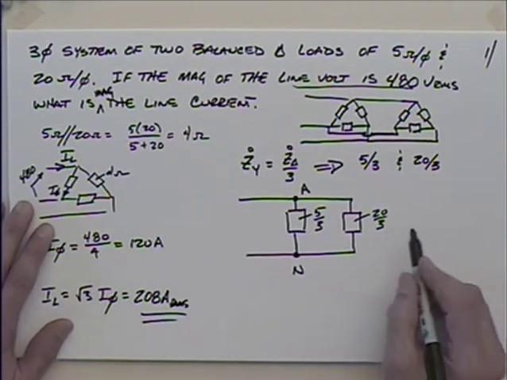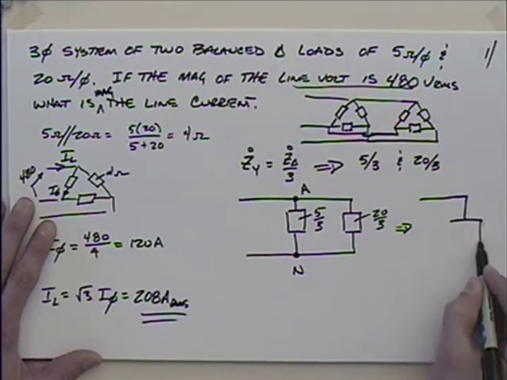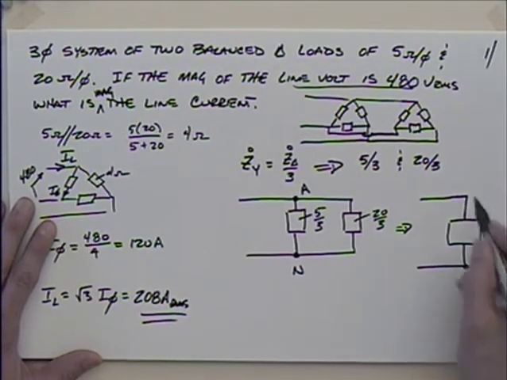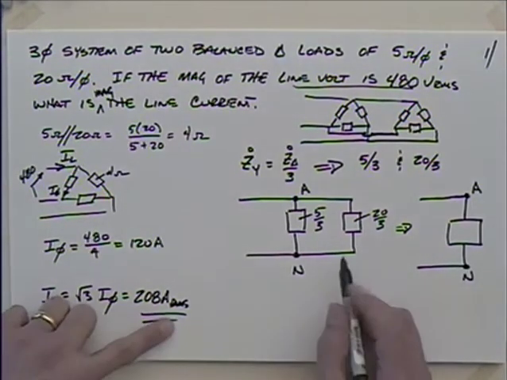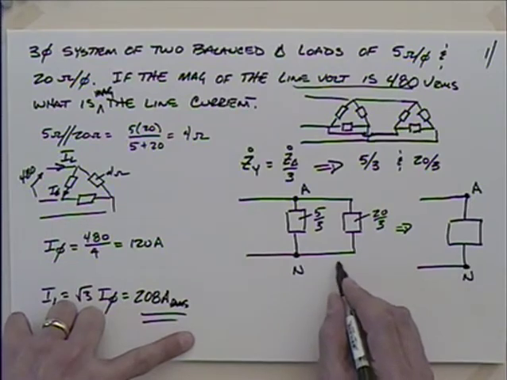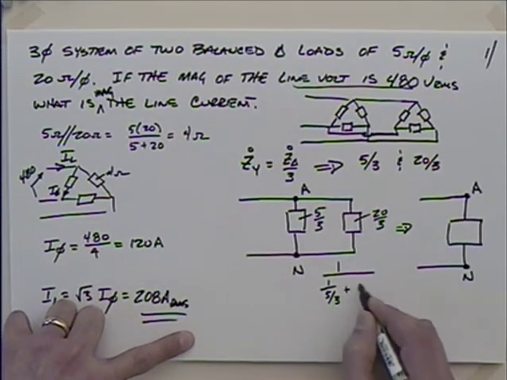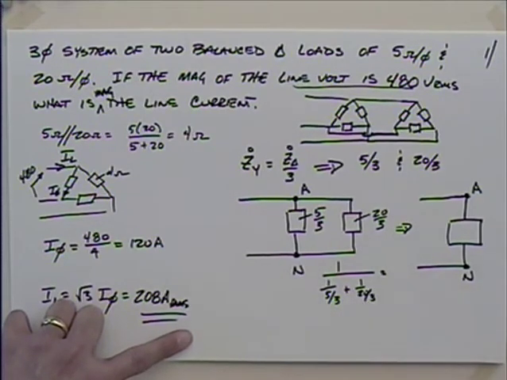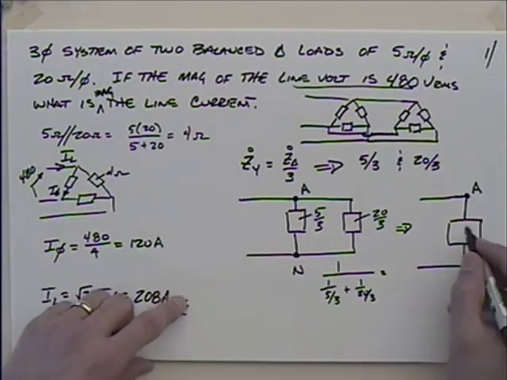So we could turn this into something that looked like this, right? Where I have the neutral and I have the A line here. So what's that going to end up being? I've got 1 over 5/3 plus 1 over 20/3. What's that? I bet it's 4/3, isn't it?